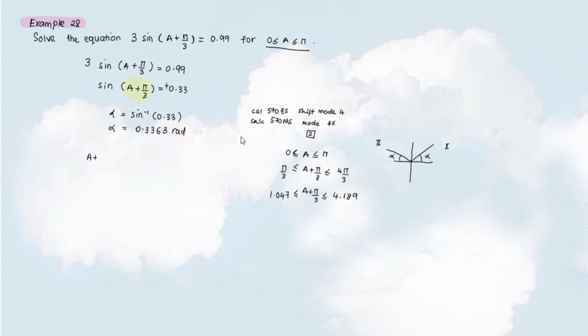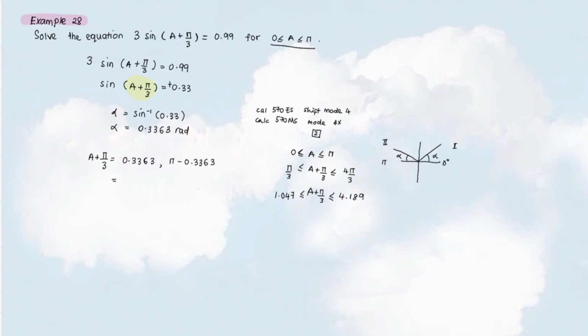A plus pi over 3 is equal to 0.3363, or pi minus 0.3363, which equals 2.8057 radian.